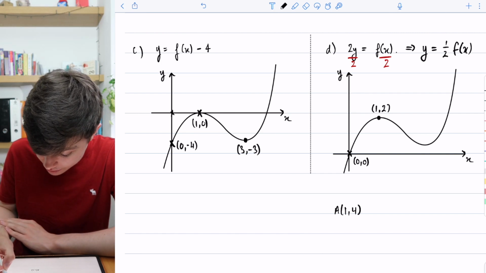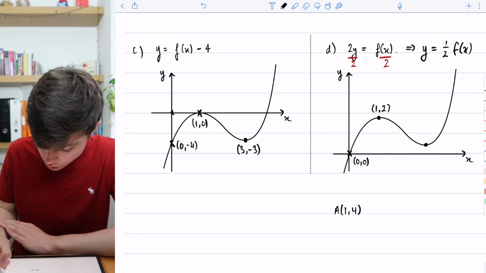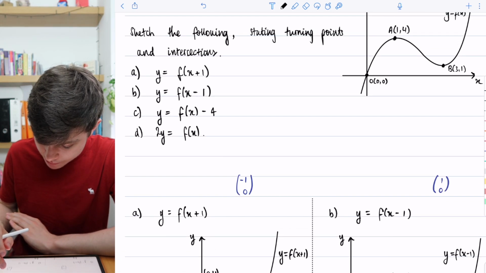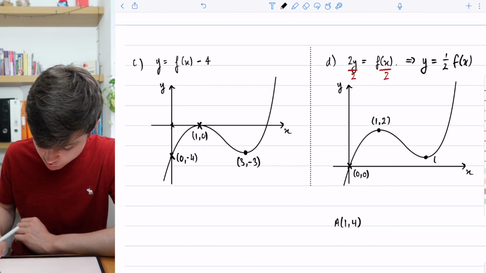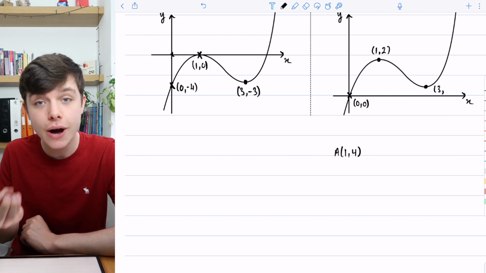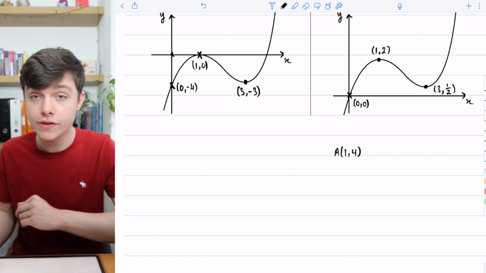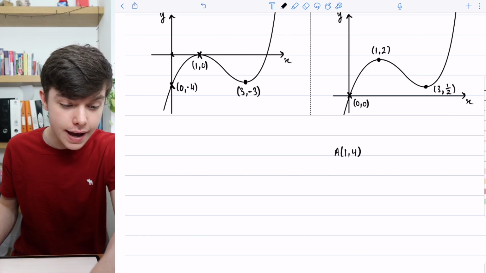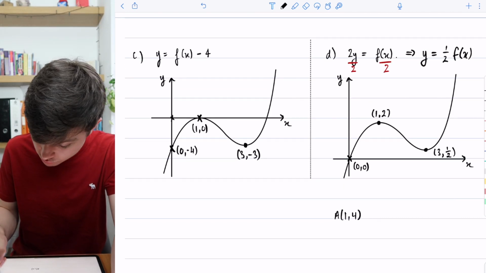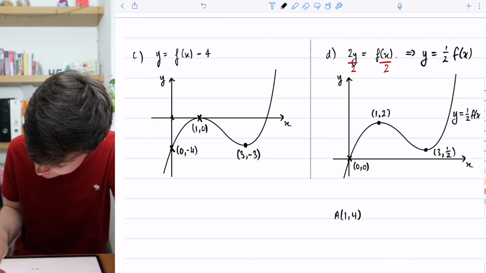Okay, and then this point here, the original x value was 3. That's going to stay exactly the same, but the y value is going to half. That y value is going to become 1 over 2, or a half, okay? And I can see that that's exactly correct, so I can write that on here. That's y is a half f of x.